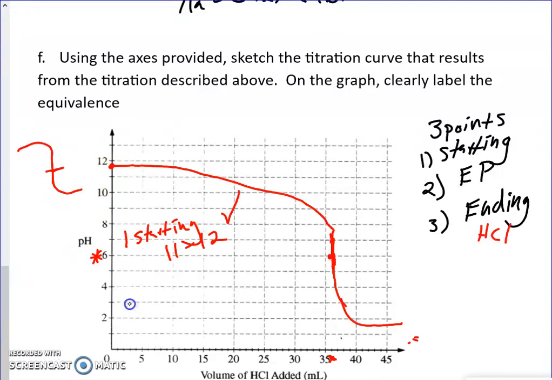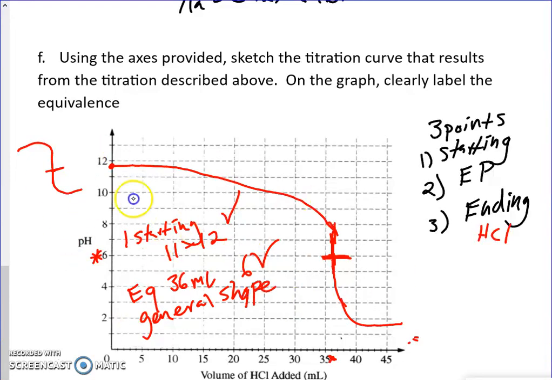You got a second point for your equivalence point being shown, about the middle of that straight line, so right about here, at 36 milliliters added and around a pH of 6. Check, we got that. And of course the third point, in this case, is just the general shape. So those are your 3 points for this particular problem.